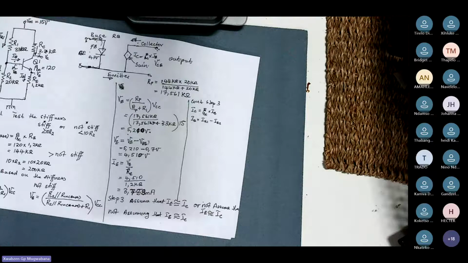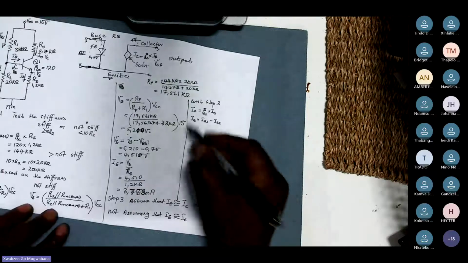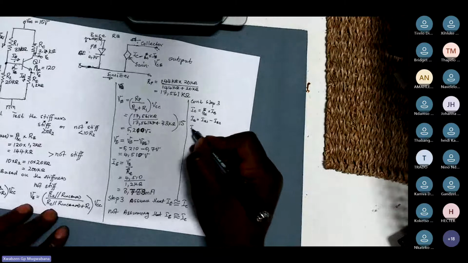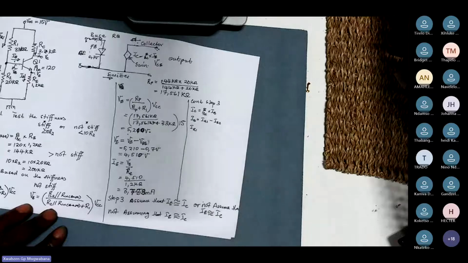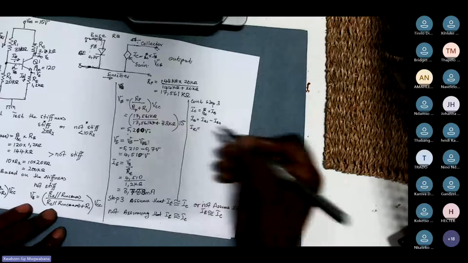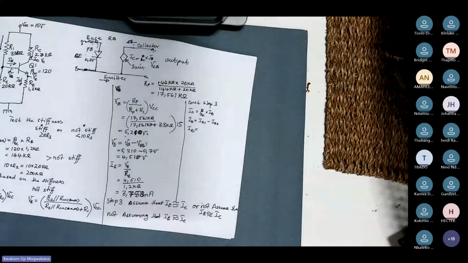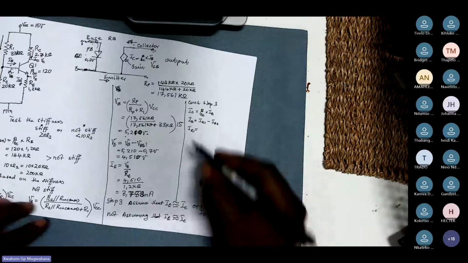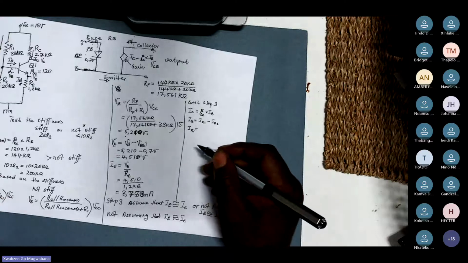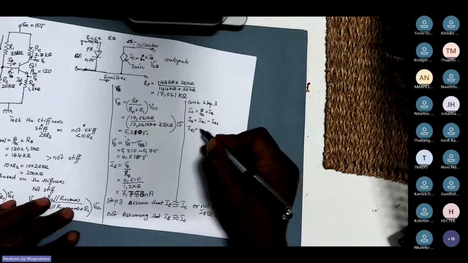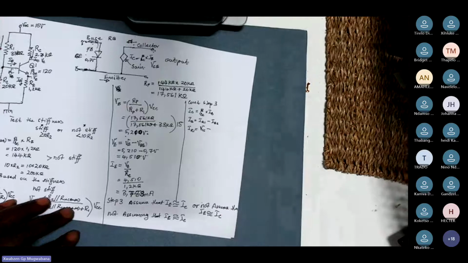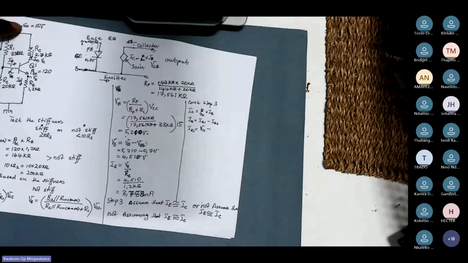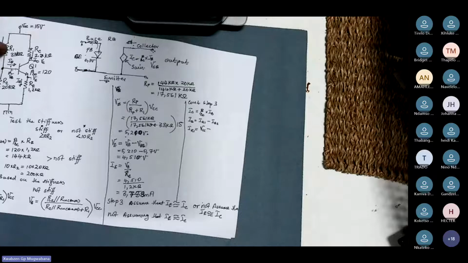Because I didn't bring in that assumption, I need to find IR1. IR1 will be VCC minus VB divided by R1. Remember, I'm talking about the current here.